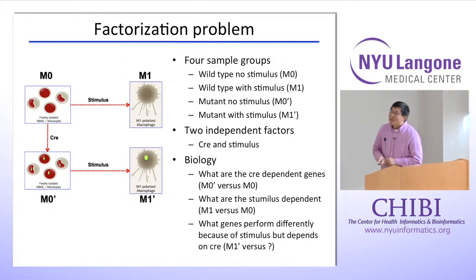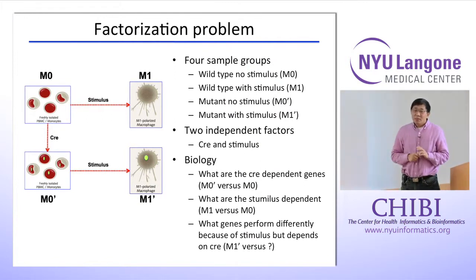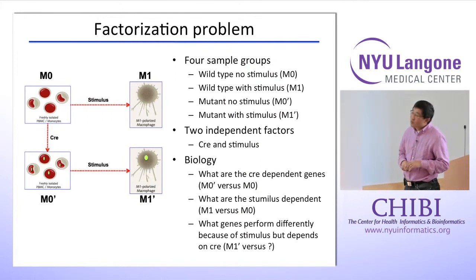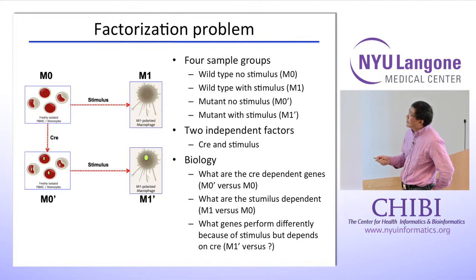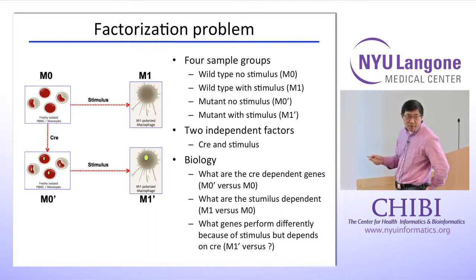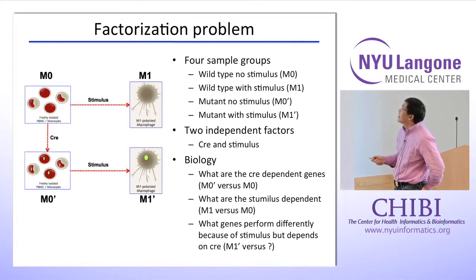Okay, this is a very typical factorial design problem. Here we have 4 groups: a wild-type group and a wild-type stimulated group, and a knockout group and a knockout stimulated group. Within this experiment, we have 2 independent factors.